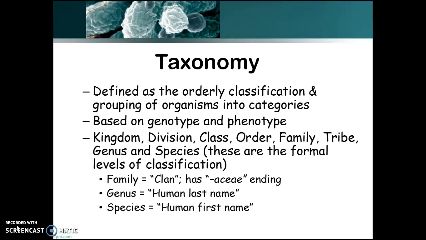You have to remember that the family name has to end with aceae. The genus can be referred to as the human last name, meanwhile the species can be referred to as the human first name. For example, if a person's name is Ali bin Abu, Ali is the species name and Abu is the genus name.